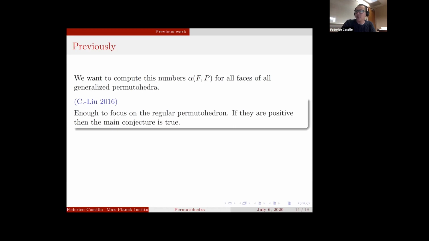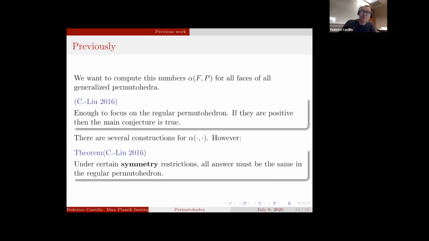So let me tell you some previous work. In principle, if we are thinking of this conjecture, we need to do it for all faces and all generalized permutohedra. But it turns out that it's okay to just look at the regular permutohedron, since all of the generalized permutohedra are elements in the type cone of the regular permutohedron. So maybe we can prove something for all of them at the same time if we can do it for the regular permutohedron.